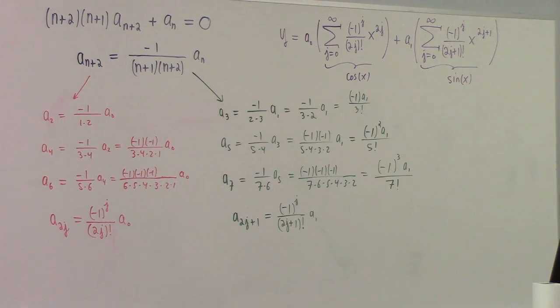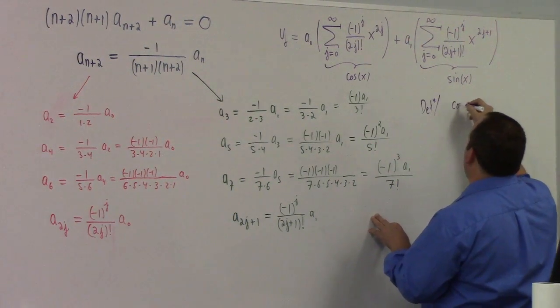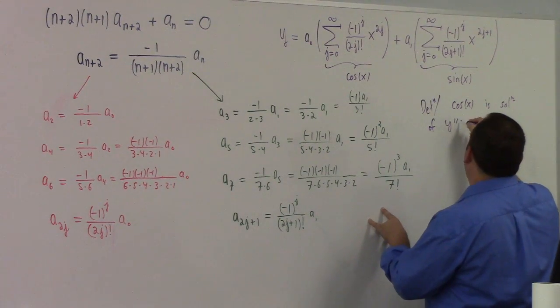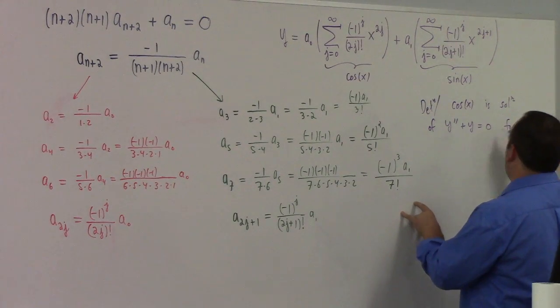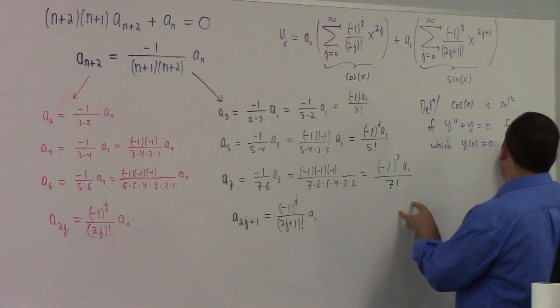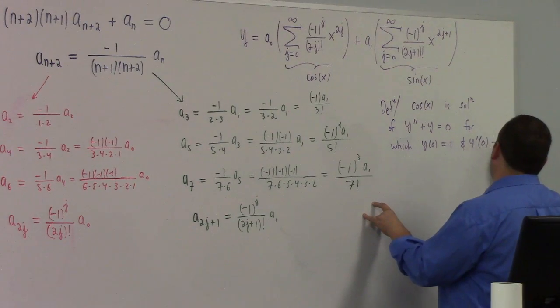You could say cosine is the solution of y prime prime plus y equals 0, for which y of 0 is 1, and y prime of 0 is equal to 0.